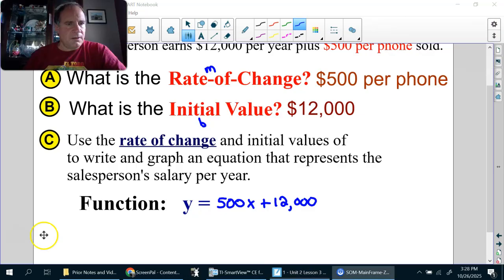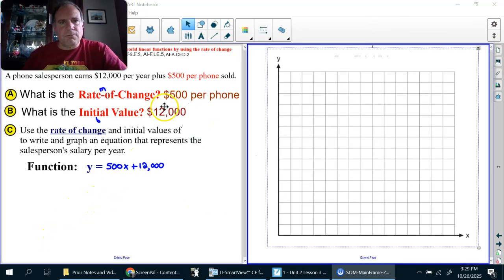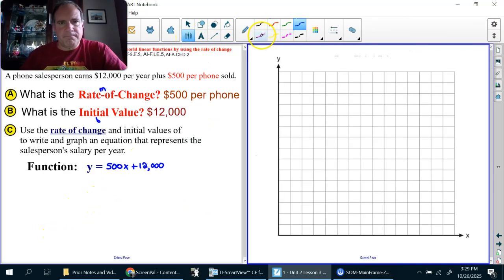Not bad. All right, so we're going to go back and forth here. This is, again, the y-axis, dollars. And the x-axis, in this case now, is phones.